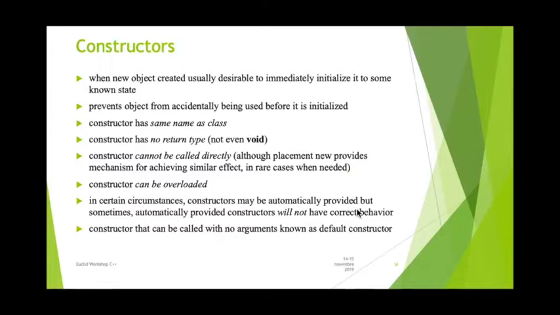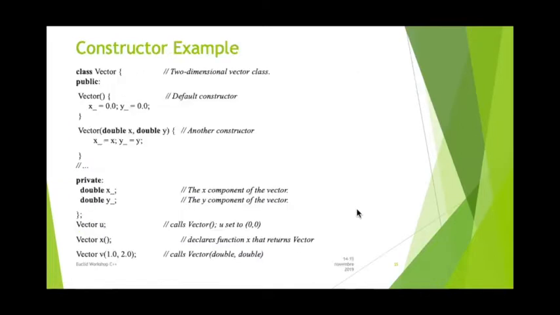If you don't provide any constructor, the compiler automatically provides one, but sometimes it's not a good constructor, and you cannot say it will work as you want. A constructor without any arguments is called a default constructor. So here's an example for the constructor.